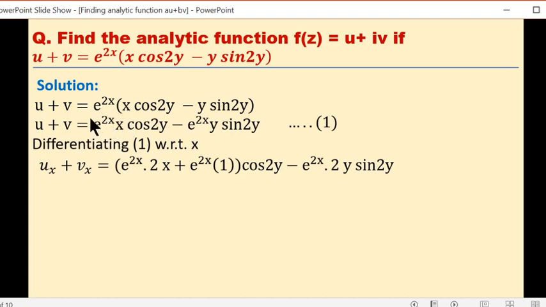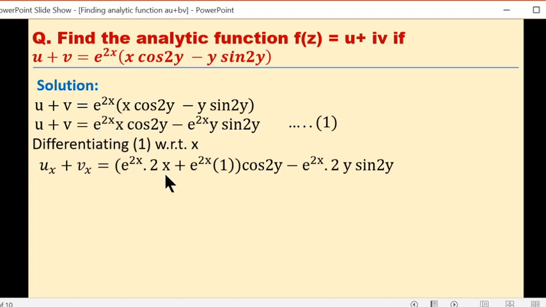Okay, any one can be the first function. So say e raised to 2x. So derivative of e raised to 2x would be e raised to 2x into derivative of 2x is 2. Okay, and this x we have kept as it is, plus now again we consider this term.